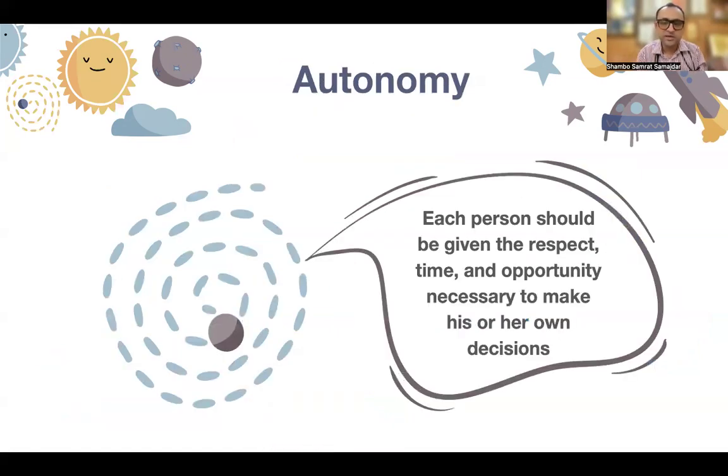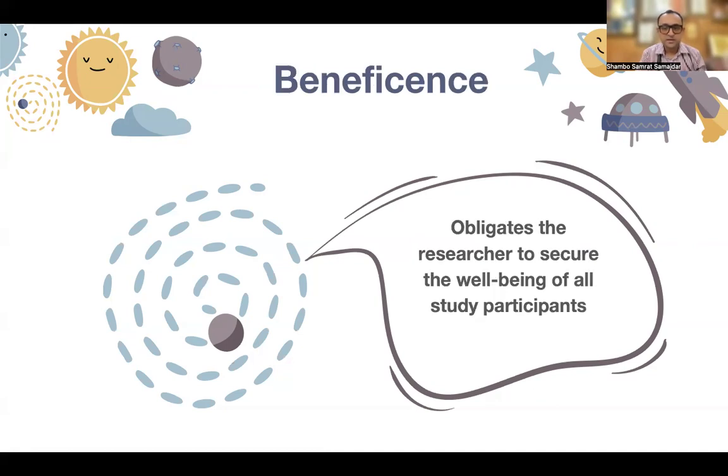So what is autonomy? Each person should be given the respect, time, and opportunity necessary to make his or her own decisions. We'll learn about informed consent in detail from Dr. Pradeep Narayan. Sir will tell about the details of the ICD, the informed consent process. So autonomy is a very important cardinal principle.